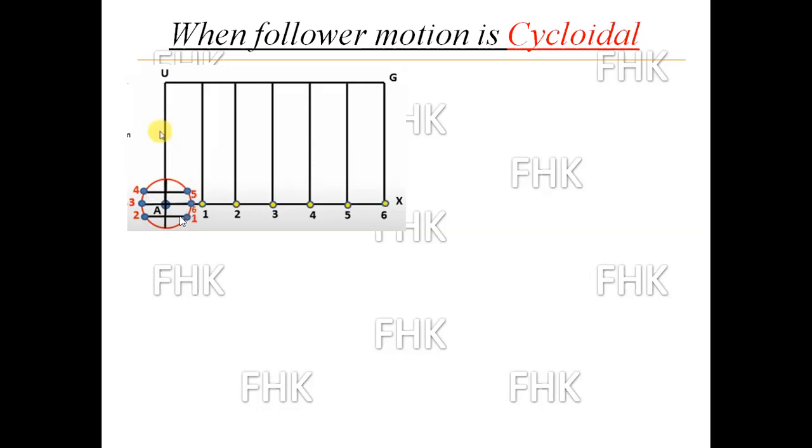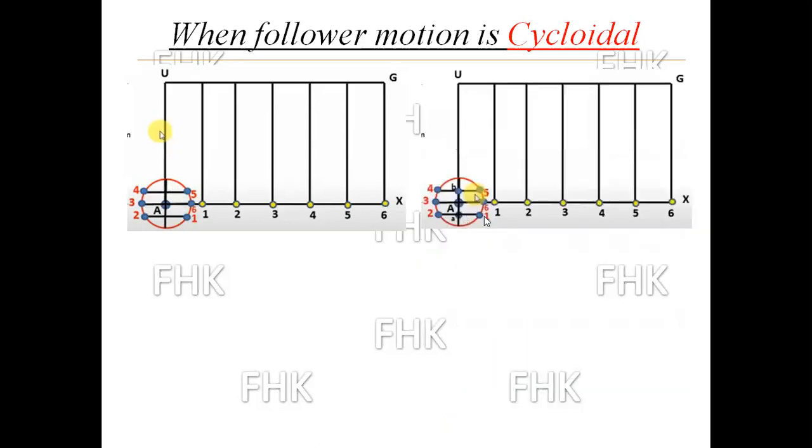The second method is that you join A1, A2, A3, A4, A5 and A6, and after that you project those points onto the vertical line of that circle. Project point 1, point 2, point 3 and point 4 on the vertical line.